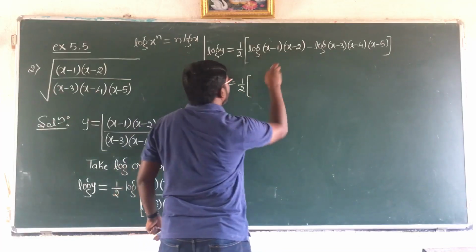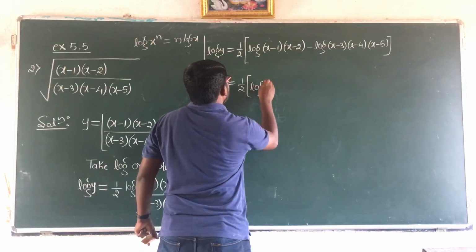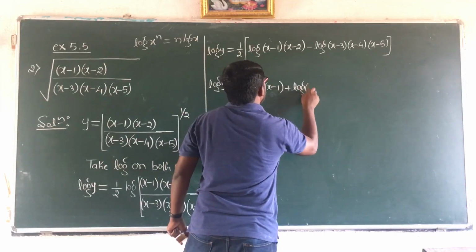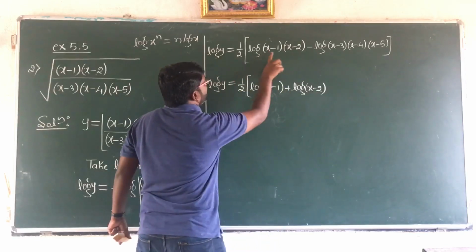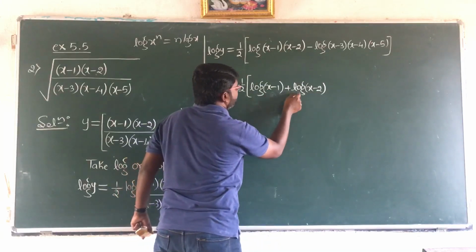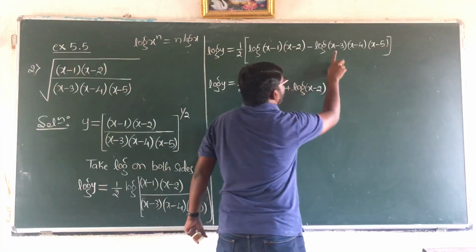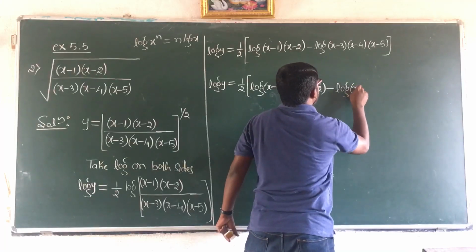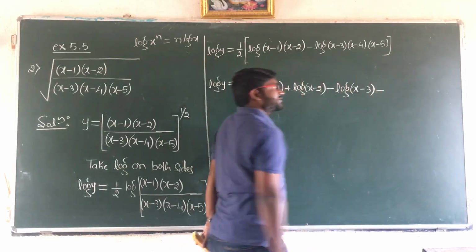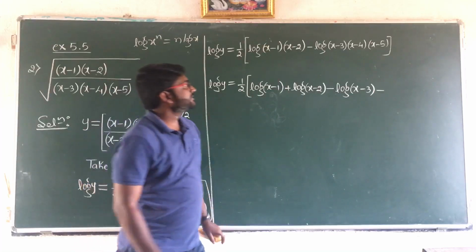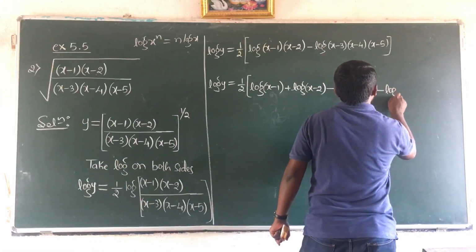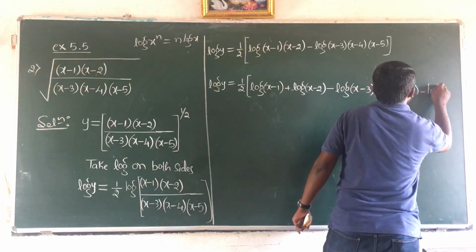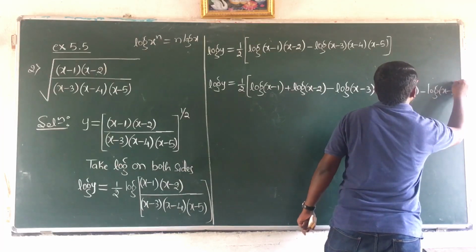So again I am going to write log of x minus 1 plus log of x minus 2, then minus log of x minus 3 plus log of x minus 4 plus log of x minus 5.